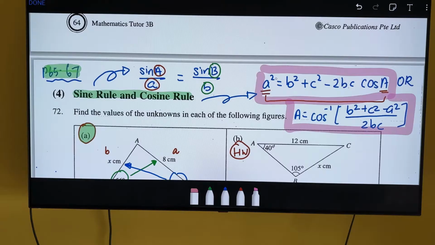And of course, one of it will be an unknown. One of it will be our x. As for sides B and C, they are the other two lengths of the triangle that are given, but with no indication in the question that we need to find the angles.